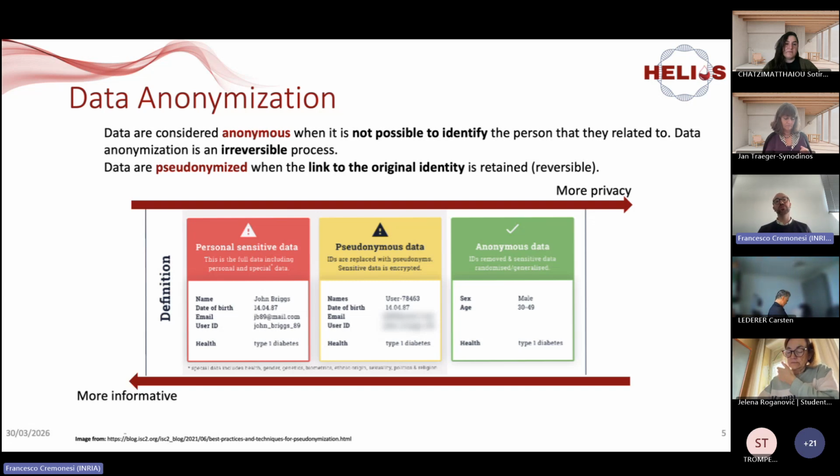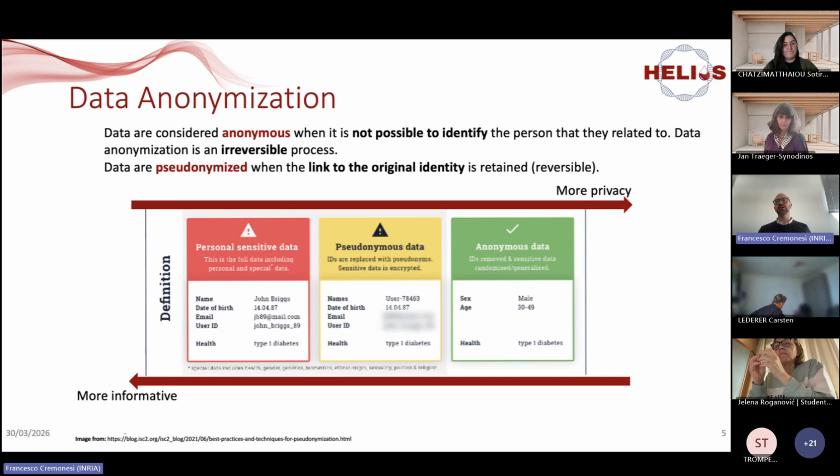And rare diseases specifically are so difficult to anonymize because since they are very diverse and very rare, almost everybody has a slightly different version of the disease. And so just by looking at the data, it's very easy to trace back to who was the actual subject of that data point.